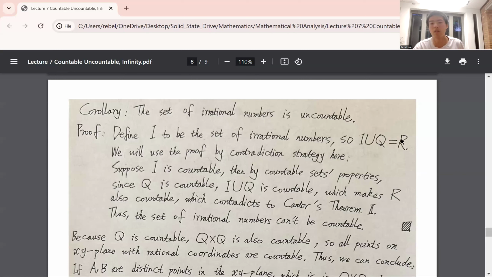But R is not countable, so this is a contradiction, which means the irrational numbers must be uncountable, or it would violate Cantor's theorem 2.